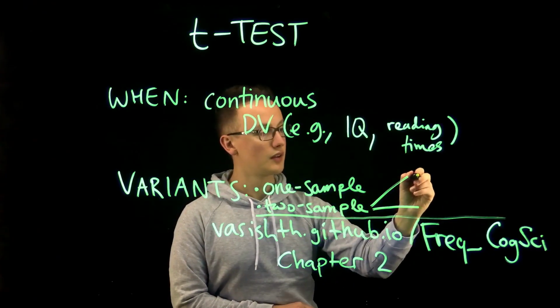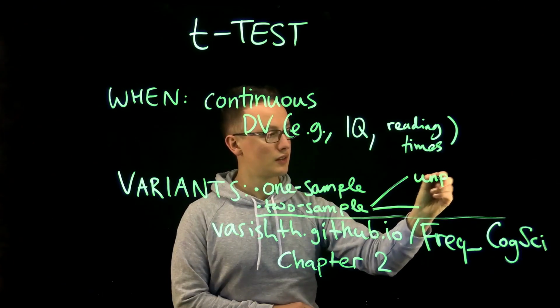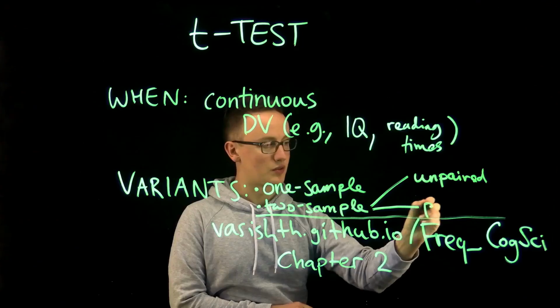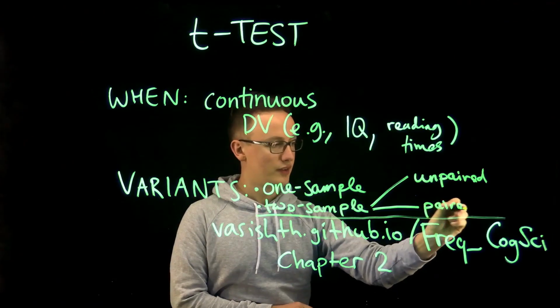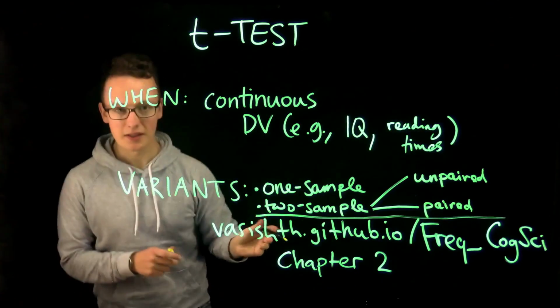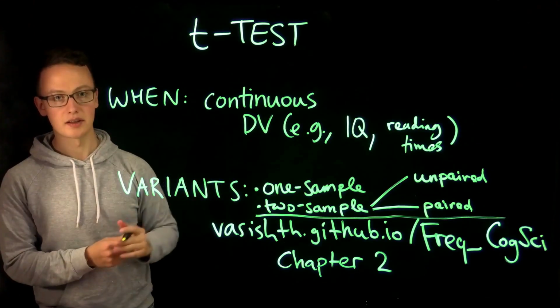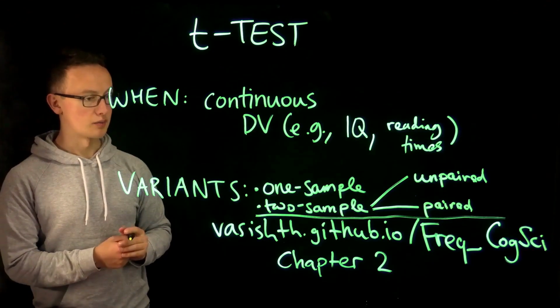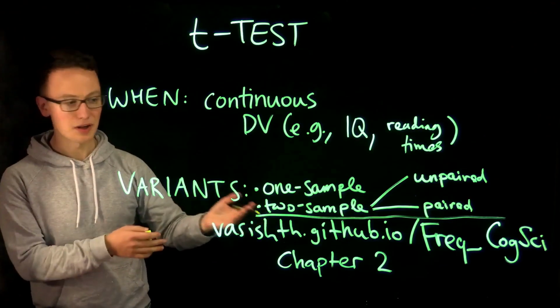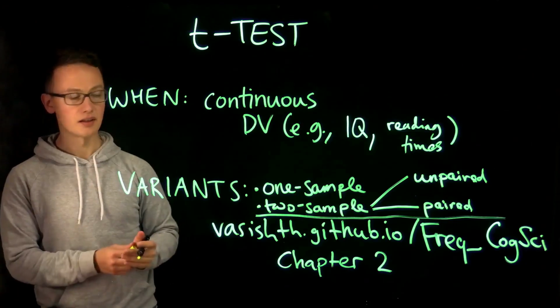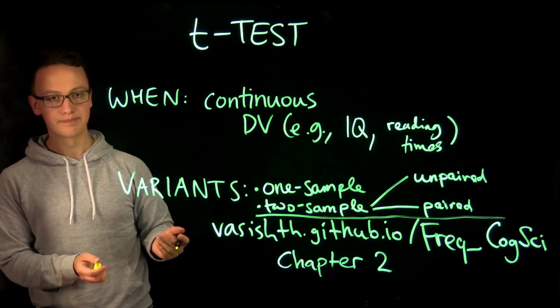You have the unpaired two sample t-test and the paired two sample t-test, right? So if you want to explore these details again, please refer to last semester's course materials, and also to the textbook where it's all explained in much detail.